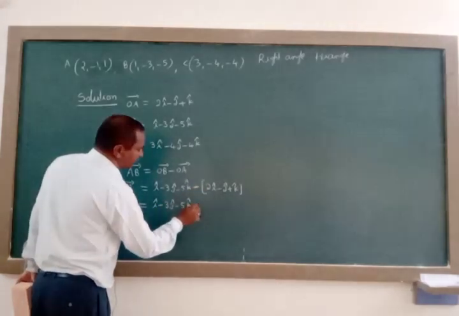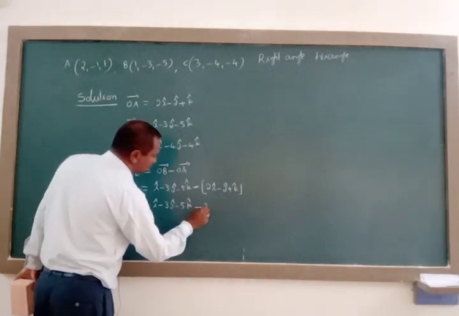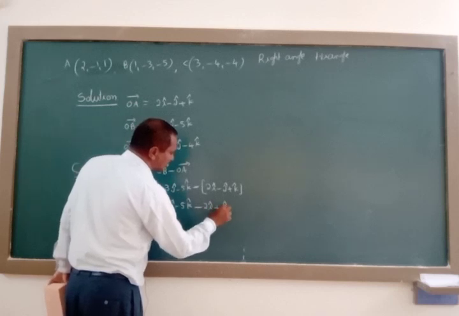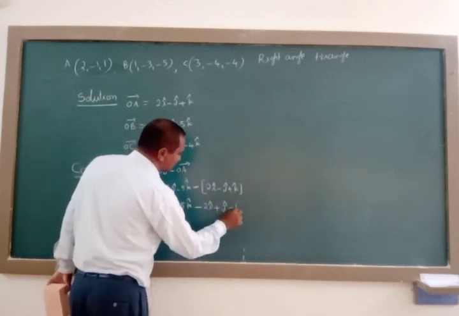Open the bracket with the help of minus, then all symbols will be changed: minus 2i cap, minus into minus plus j cap, minus to plus minus k cap.